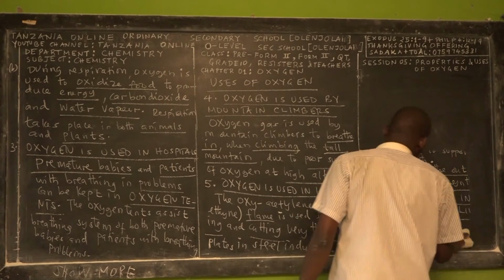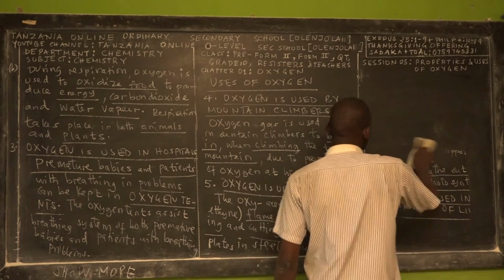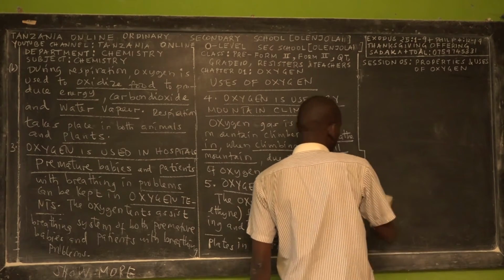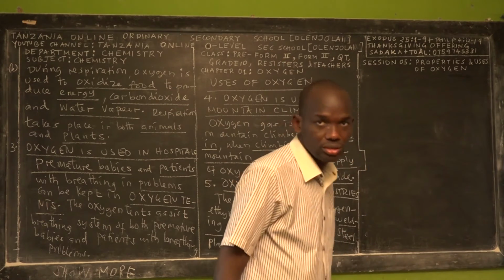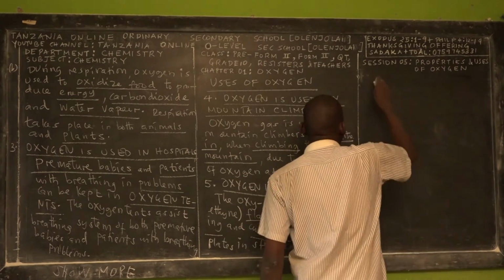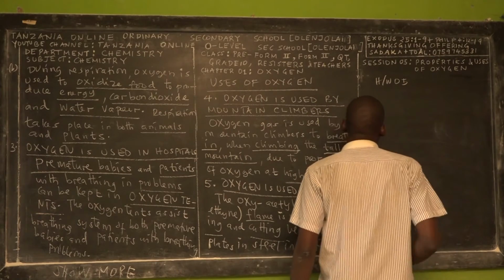As I promised you, I should give you a homework that will challenge you to find some information when you are doing your own revision. So now it's time for the homework, and after this homework will be the end of session 5.